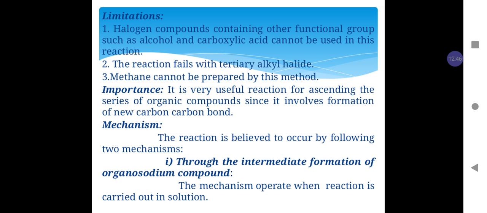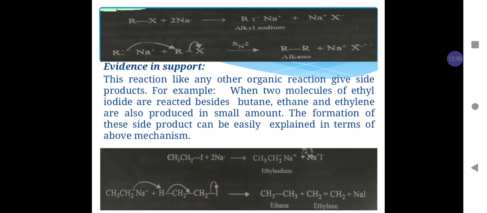This mechanism operates when the reaction is carried out in solution. In this mechanism, alkyl halide reacts with sodium to form alkyl sodium. This alkyl sodium then reacts with alkyl halide by SN2 mechanism to form alkane and sodium halide.